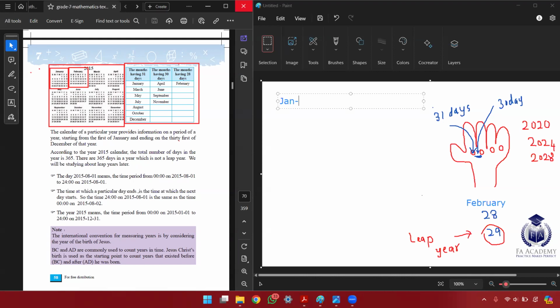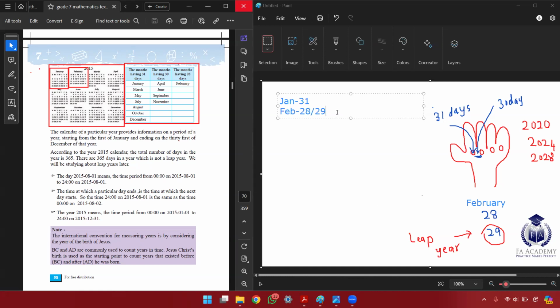You need to observe the bones on top of your fingers, right? Okay. So January has 31 days. Then if you look at February, you know that it's 28 or 29. If it's a leap year, it's 29. If it's not a leap year, you know that is 28, right?